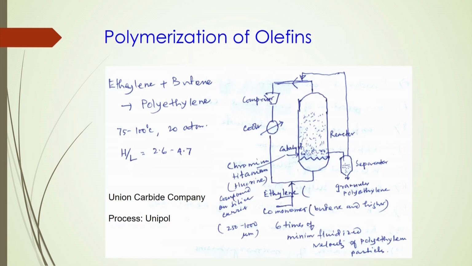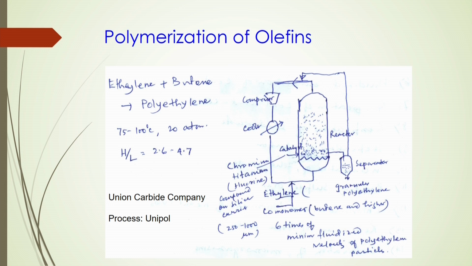Another important application is the polymerization of olefins. In this case, polyethylene is produced from ethylene and butene gas. Ethylene and butene are both supplied from the bottom of the fluidized bed at 70 to 100 degrees centigrade and around 20 atmospheric pressure, in the presence of catalyst particles like chromium or titanium.